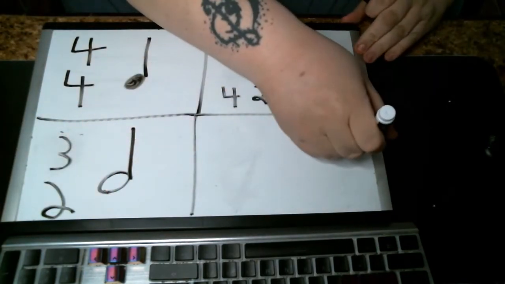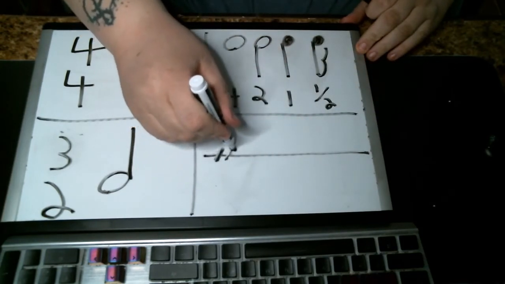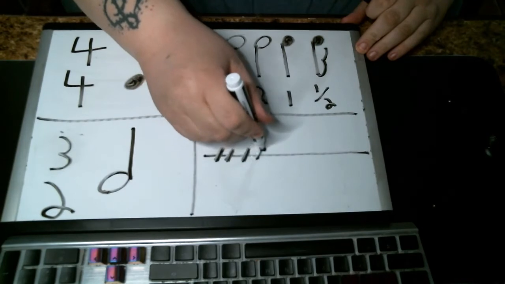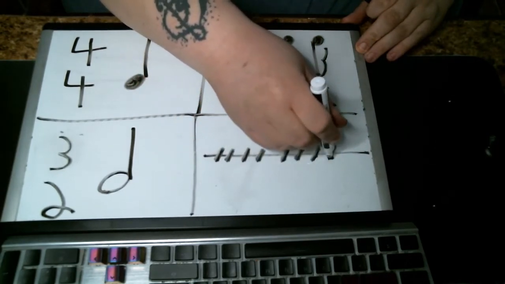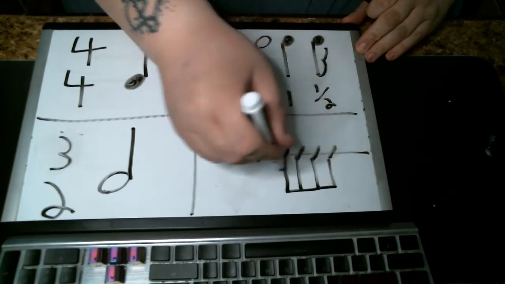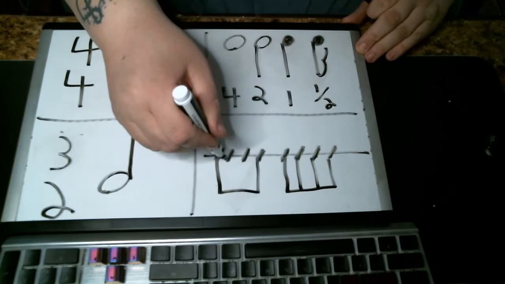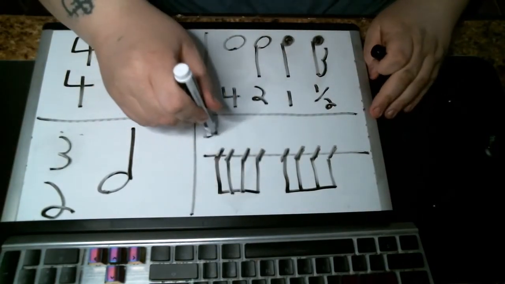So if I have, let's just pretend that this is a measure: 1 and 2 and 3 and 4 and. I want to connect all of these up. Okay, so this is my measure. Let's put 4 over 4.